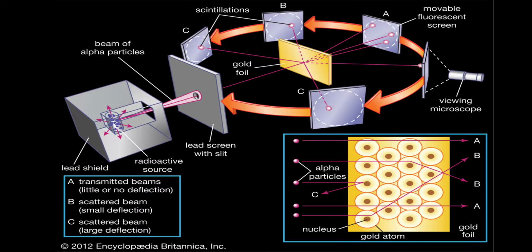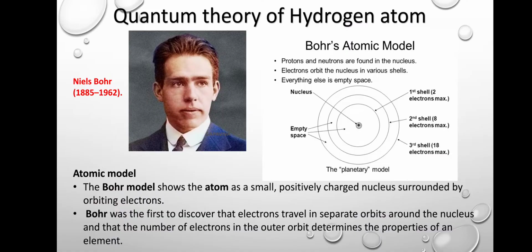That is nothing but the scattering of alpha particles by more than 4 degrees, which led to a new theory in quantum theory, that is called the hydrogen atom. That is where Bohr's atomic model came into existence. So Niels Bohr, 1885 to 1962, showed that the atom has a very small positively charged nucleus surrounded by orbiting electrons.